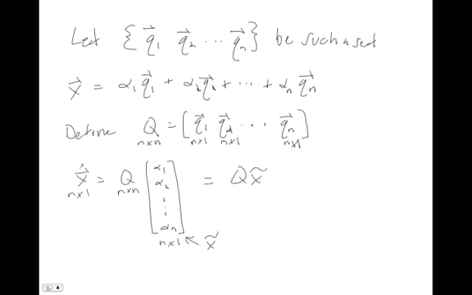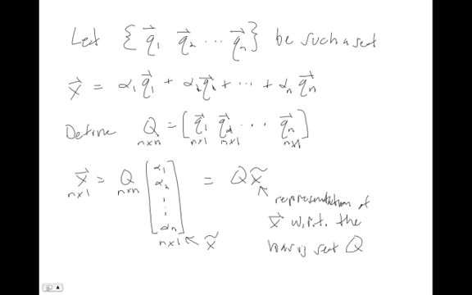So any vector x is equal to a Q matrix, which defines the basis set of the space, times this vector x tilde, which we call the representation of the vector x with respect to the basis set Q.